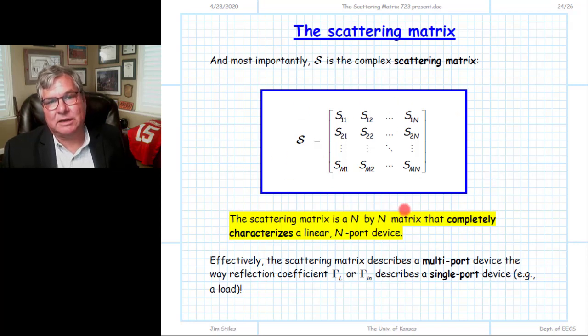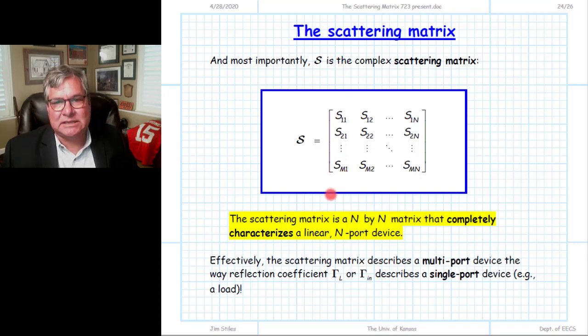Each element is a complex number, of course. One of the things important to notice here is each column. Notice we have in the first column S11, S21, S31, S41, and so forth, all the way down to the number of ports. I call it M here. The number of ports that we have in our device.